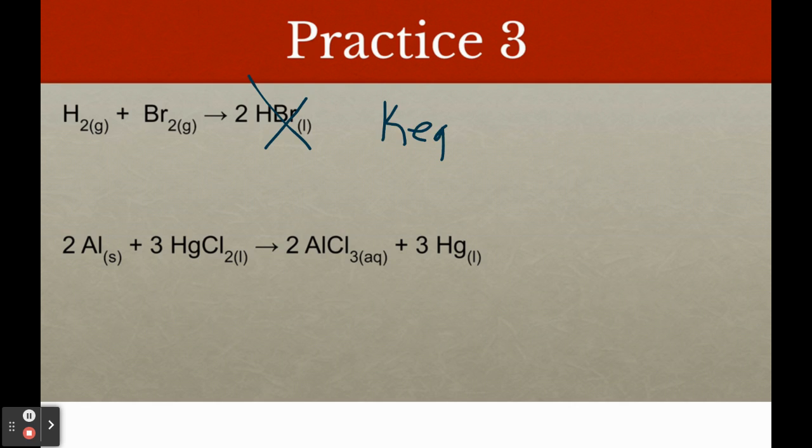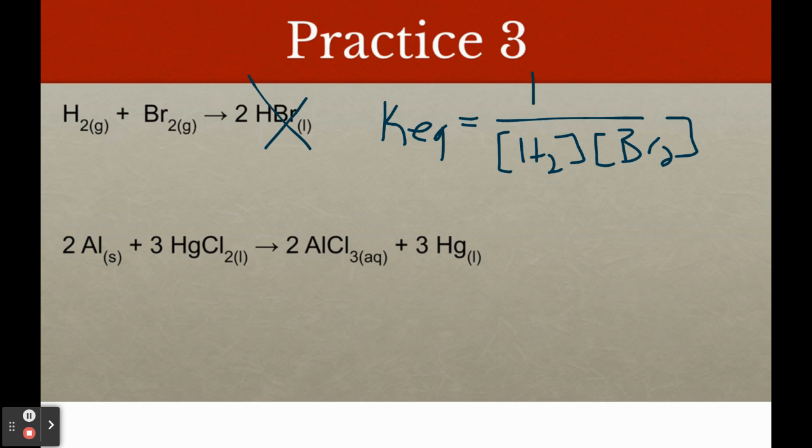So our equilibrium constant should have the concentration of the products on the top. But since we have no products to include here, you'll just write a 1 and then put the concentration of the reactants on the bottom.